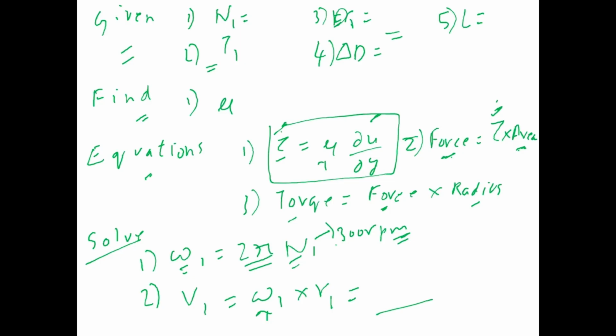Okay, now that you know the linear velocity, things become a bit more straightforward. You know the inner velocity. Essentially you have the cylinder, and you know the linear velocity on the inside, which comes out to be v1, while the outer velocity is 0, since it's stationary.